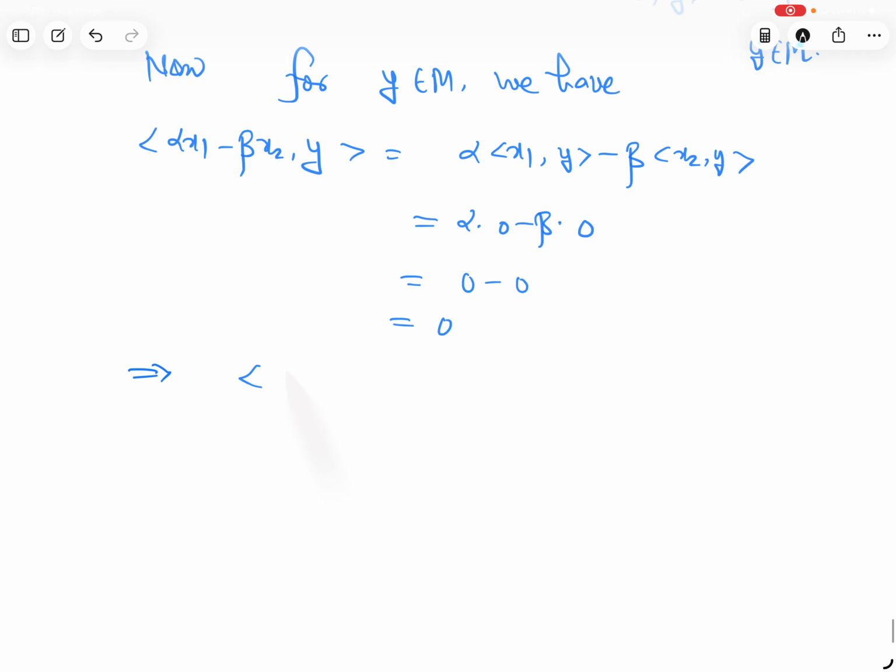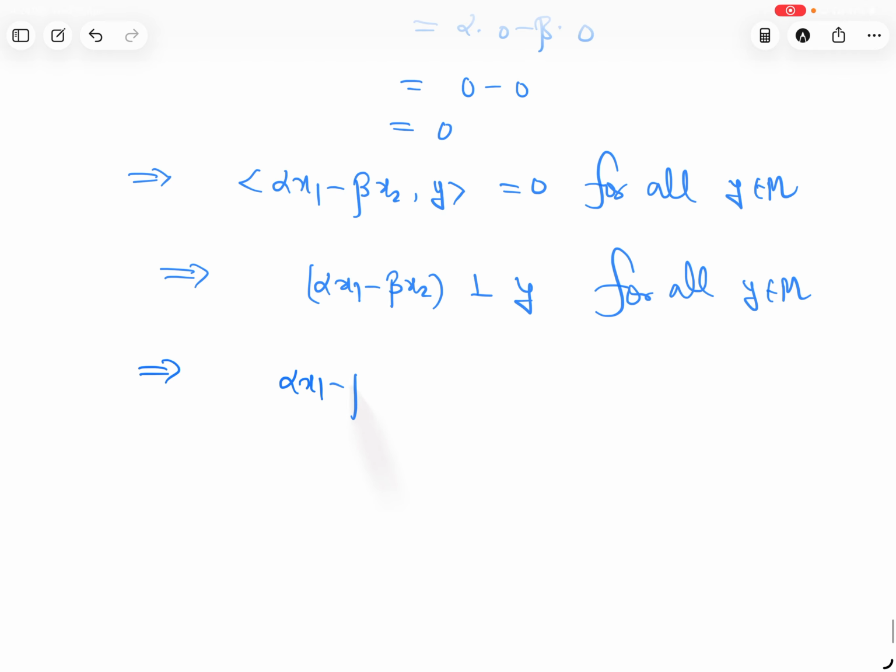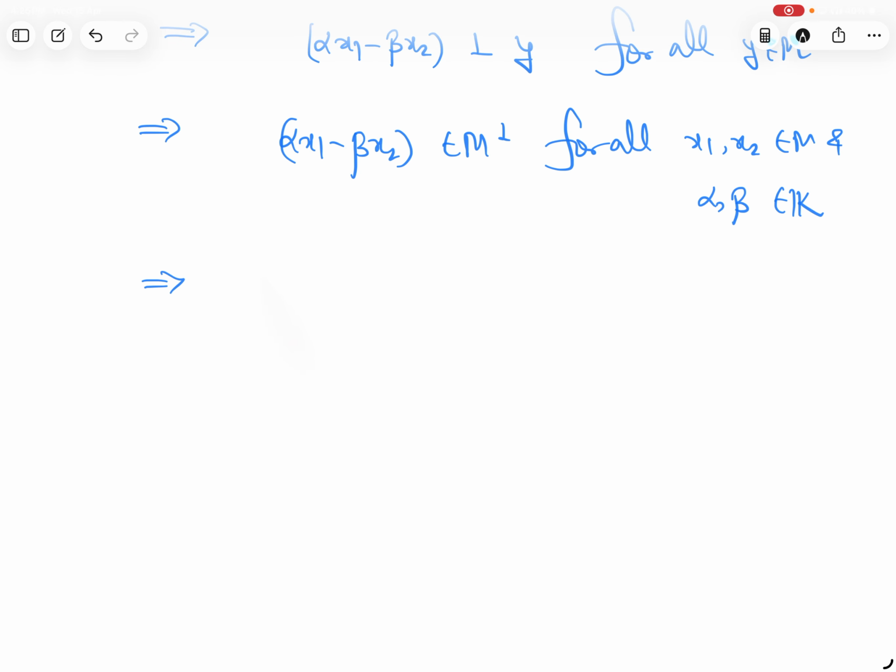So we got alpha x1 minus beta x2 with y is equal to 0 for all y belongs to M. So this implies alpha x1 minus beta x2 is orthogonal to y for all y belongs to M. So this means alpha x1 minus beta x2 belongs to M perp for all x1, x2 belongs to M perp and alpha, beta belongs to field K. So this implies M perp is a vector subspace of X. Okay.